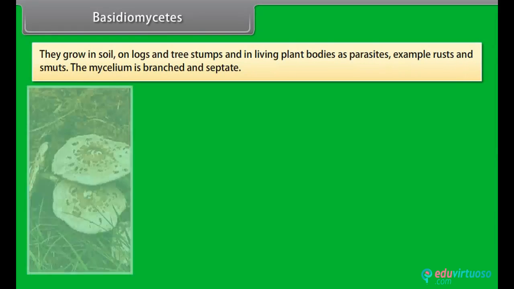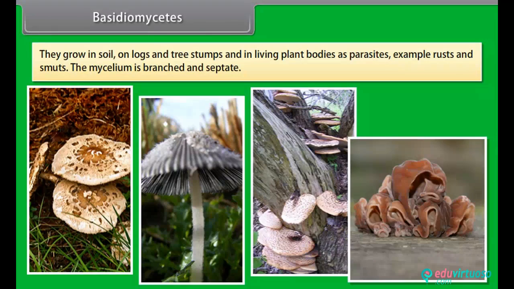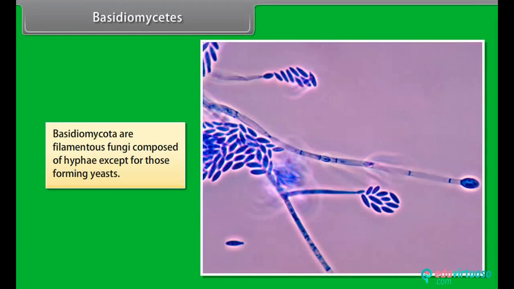They grow in soil, on logs and tree stumps, and in living plant bodies as parasites. Example: rusts and smuts. The mycelium is branched and septate. Basidiomycota are filamentous fungi composed of hyphae except for those forming yeasts.